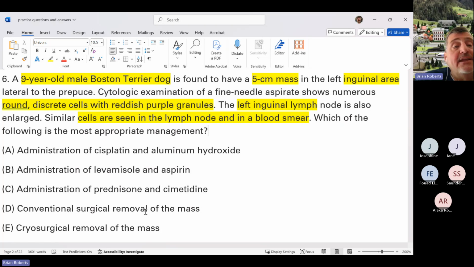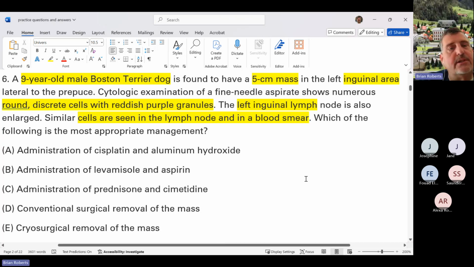Now, if A said cisplatin and cimetidine or famotidine, then that would be the correct answer. But aluminum hydroxide does not treat ulcers or do anything to mast cells.